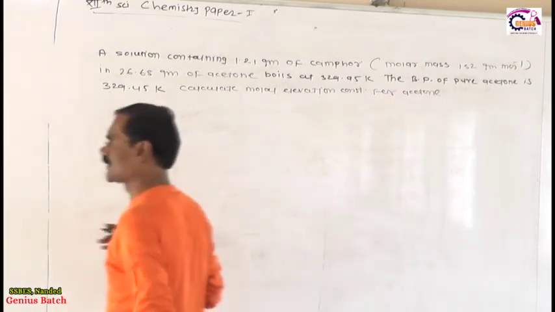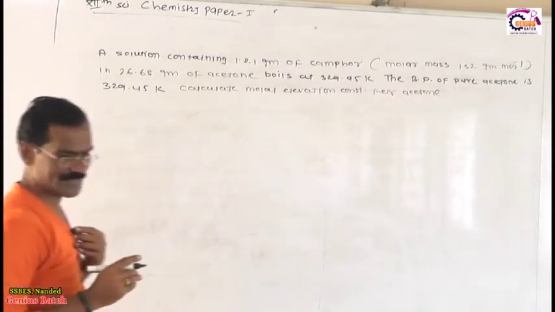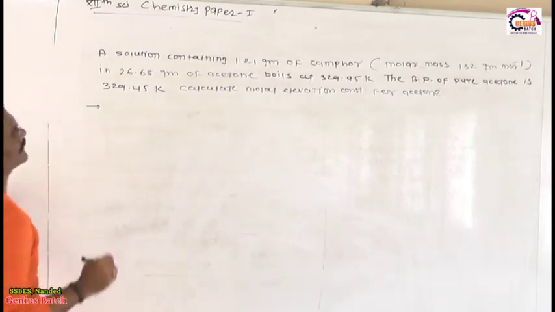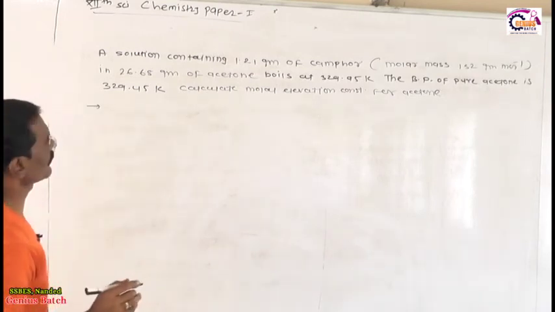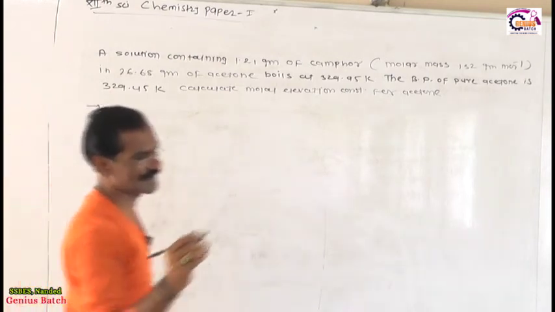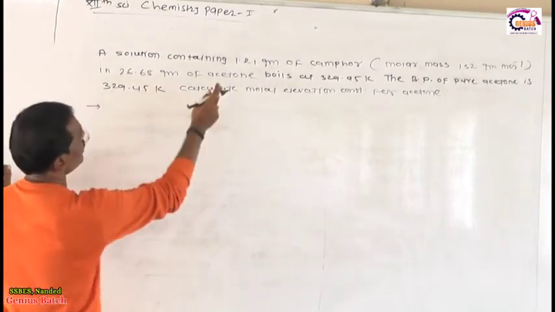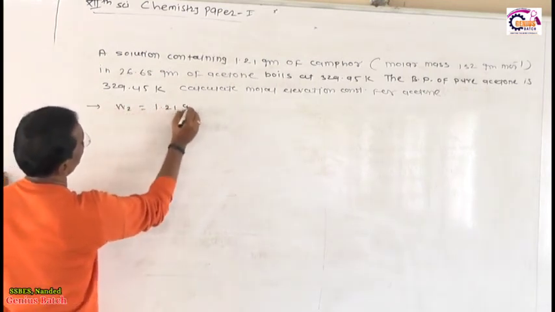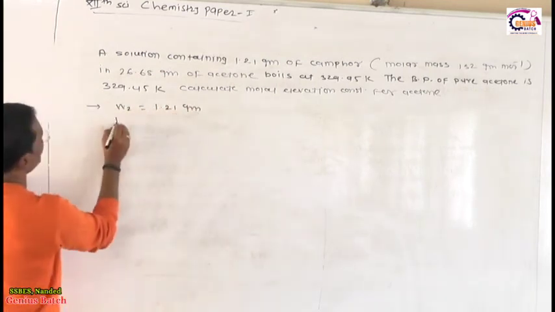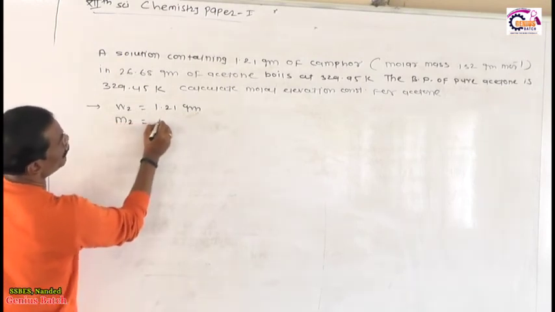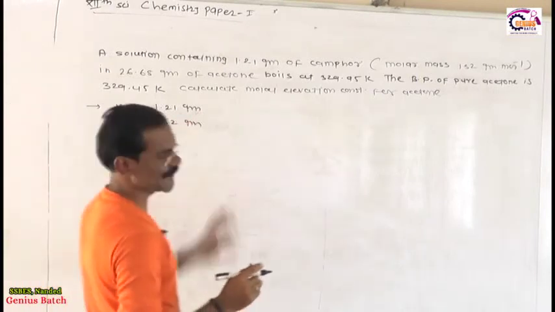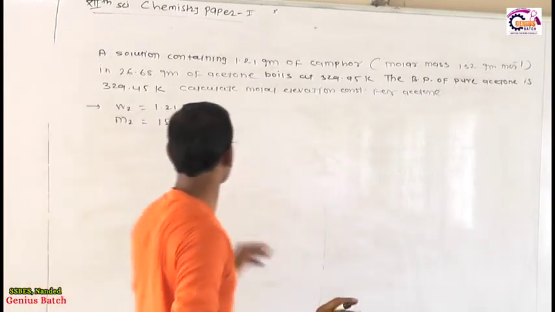So this is the very simple way. By using this we calculate the molar elevation constant. Listen very carefully. The solution contains camphor, with weight W2 equal to 1.21 gram. The molar mass is given, so M2 is equal to 152 gram. Both are in gram, so there is no need to take 10 raised to minus 3.